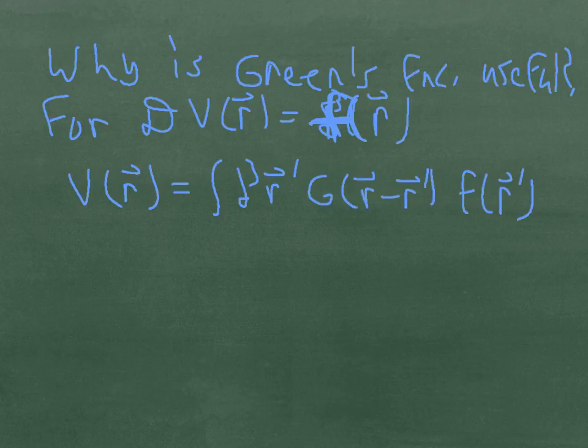So that's going to be our solution to the differential equation. The idea is we just need to solve the differential equation once to get the Green's function, and once we have that, we can get V of r for any generic f of r just by doing this integral. Okay, so let's prove this.